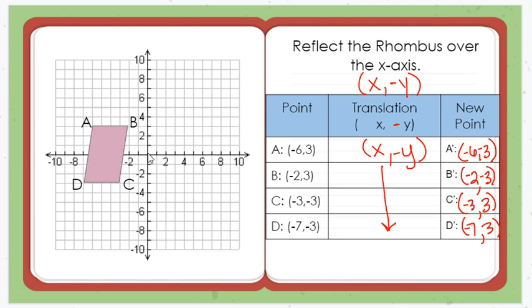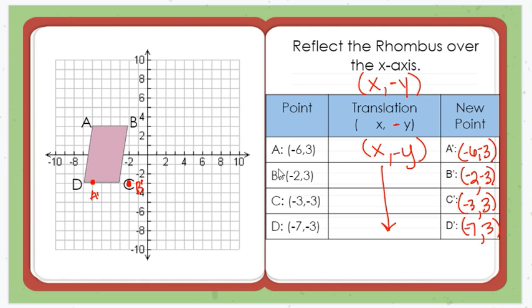All right, so let's graph those. So negative 6, negative 3. That is A prime. And there's going to be a lot of overlapping on this one because this figure is in quadrant 2 and 3. B prime, negative 2, negative 3. Make sure you're labeling each one and have the prime symbol.